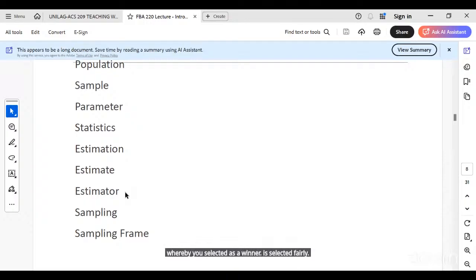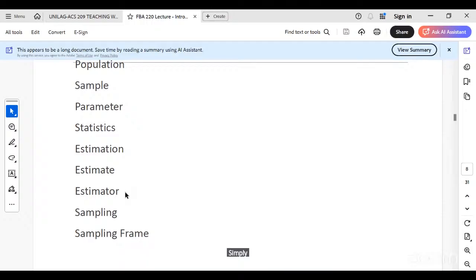The whole process that you go through in selecting your winner is sampling. Any process that you go through to select part of the population is sampling.